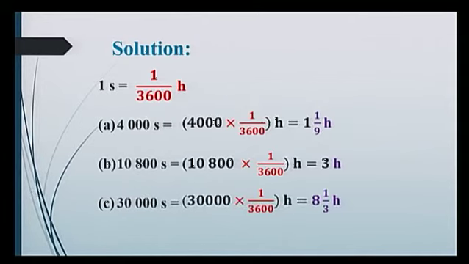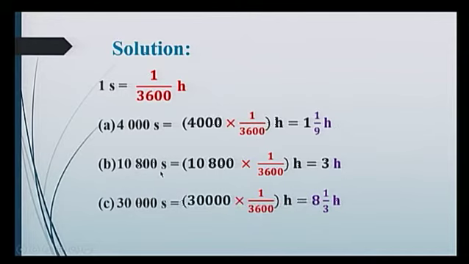So we now have a look at the next example. Convert the following into hours. So in this case, we are going to convert seconds into hours. We have 3 different parts. So the solution, if you still remember, 1 second is equal to 1 over 3,600 hours. So for 4,000 seconds, it will be 4,000 times 1 over 3,600 hours, and this is equal to 1 1/9 hours.